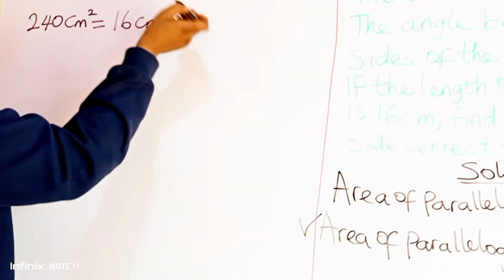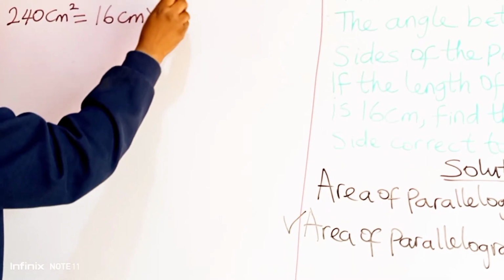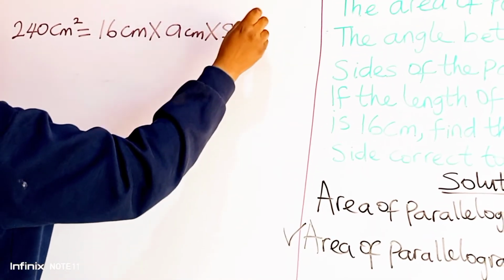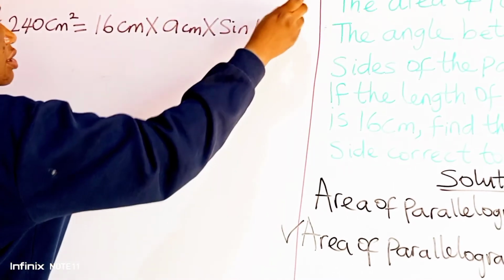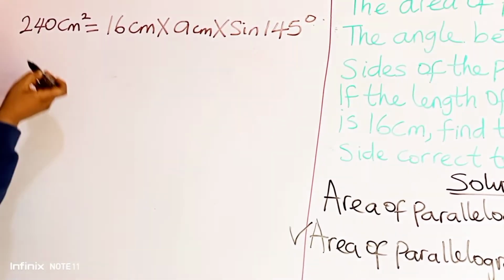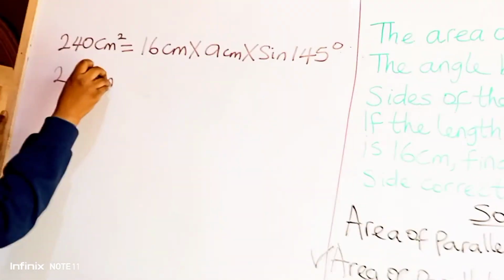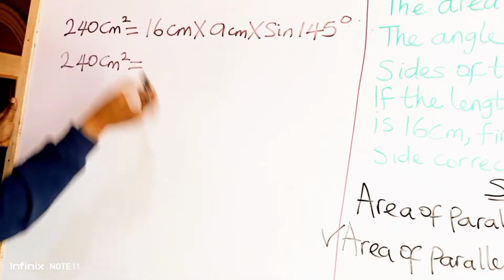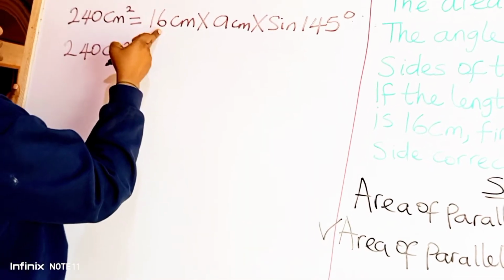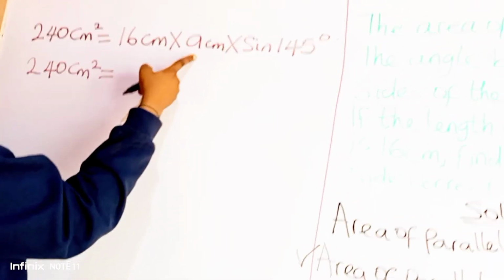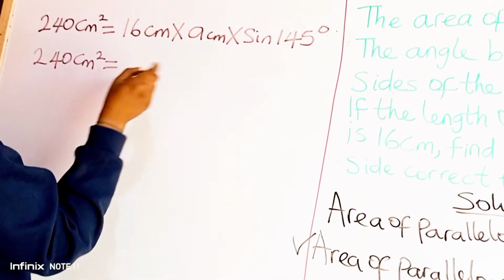Let's call the other side A centimeters, then multiply by sine 145 degrees. So you have 240 centimeters squared is equal to 16 centimeters times A centimeters, 16A, then multiply by sine 145 degrees.